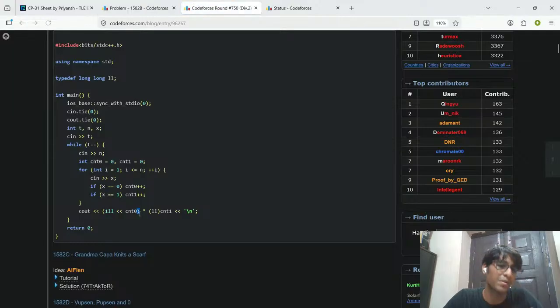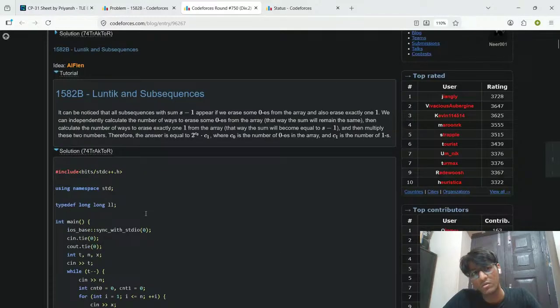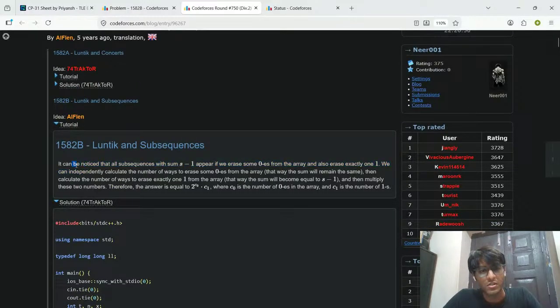CNT0. Oh, he basically did this in one go. But if CNT0 is two, one. Makes sense, right? So you have to multiply it every time. It can be noticed that all the subsequences with sum s minus 1 appear if we erase some zeros from the array and also erase exactly one 1.